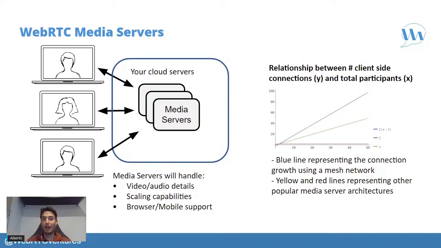That would evolve linearly, which is an issue. If we have 50 users, that number of connections would increase to above 100. So that's an issue, and that's why we use media servers, to be able to use fewer connections and stream less thanks to the media server.